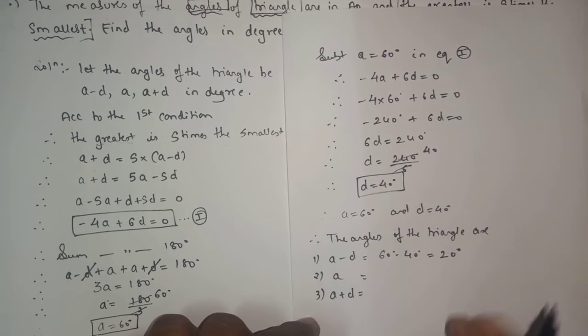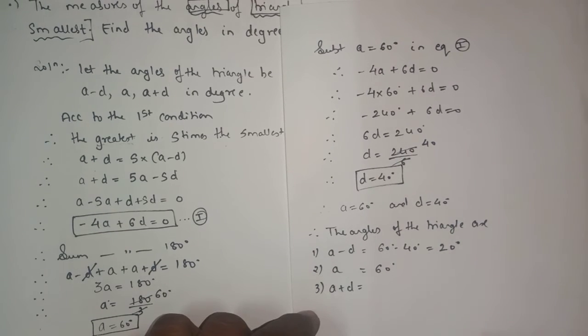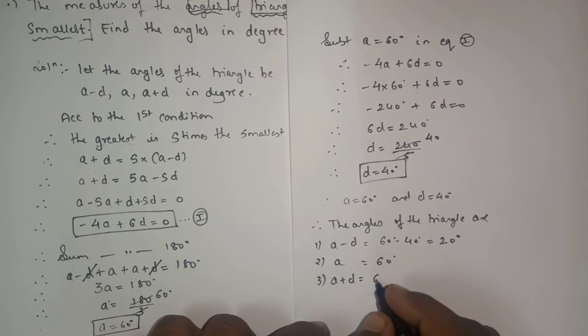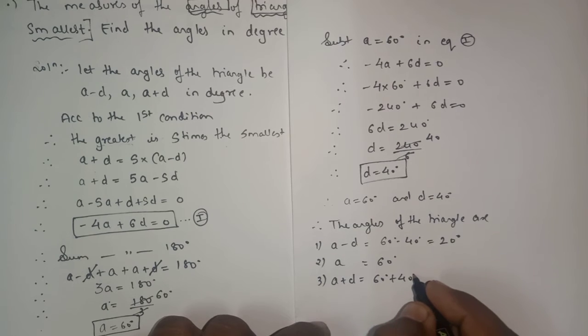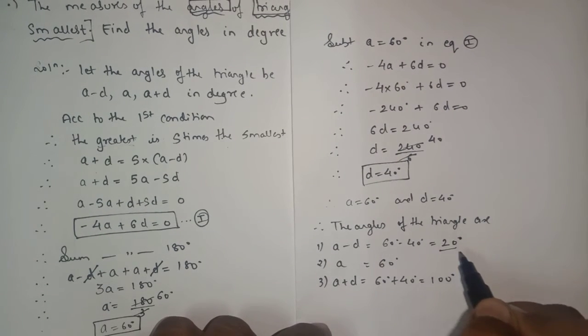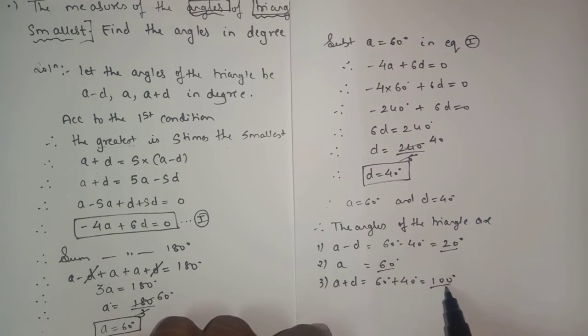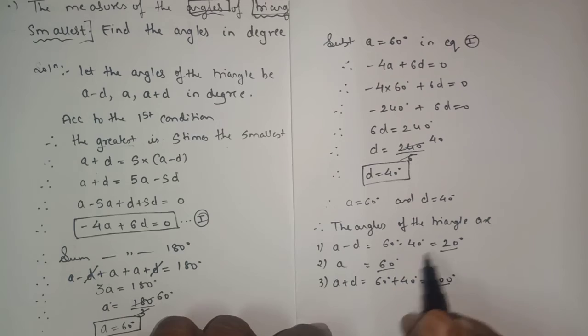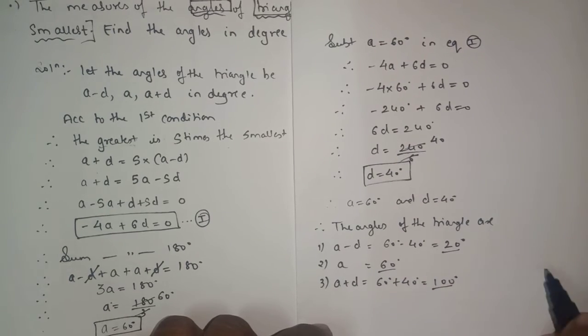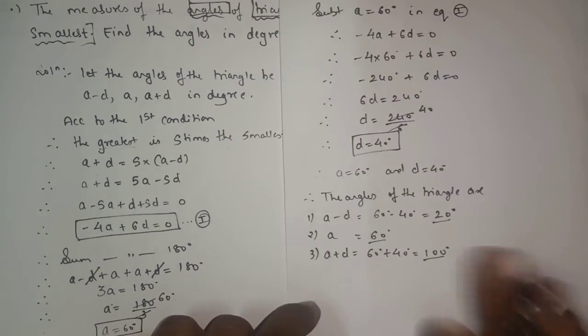So the first angle will be what? 20. Second is 60. And third will be what? 100. So here we got the first angle as 20, second angle as 60, third angle as 100. So when you will add, you will get 180 degree, as we know that the sum of the measure of the angles of the triangle is 180.